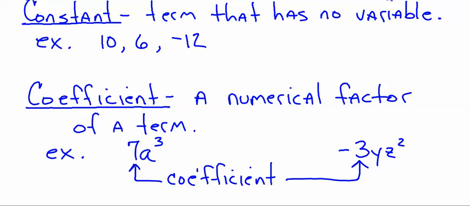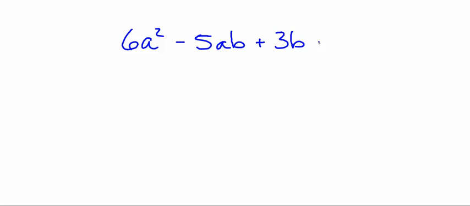So if you look at page 57, if you're there, we can take an expression like 6a squared minus 5ab plus 3b minus 12.